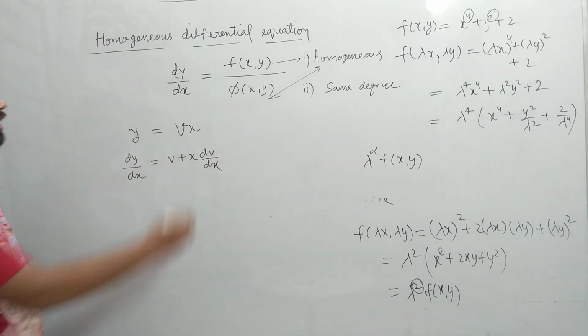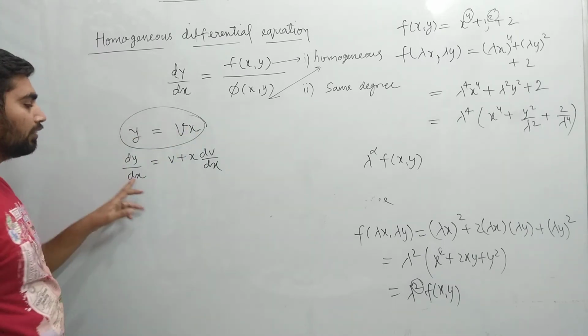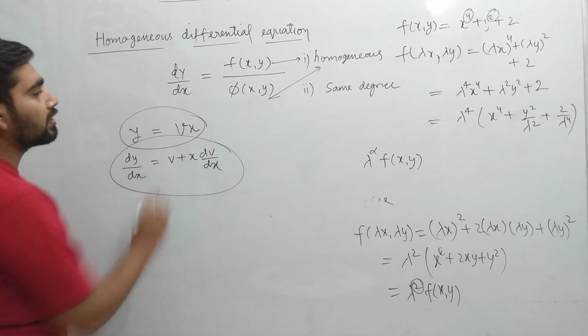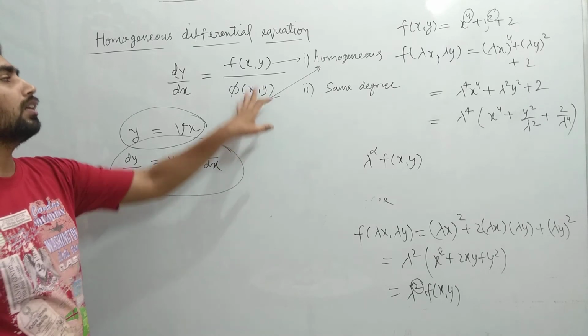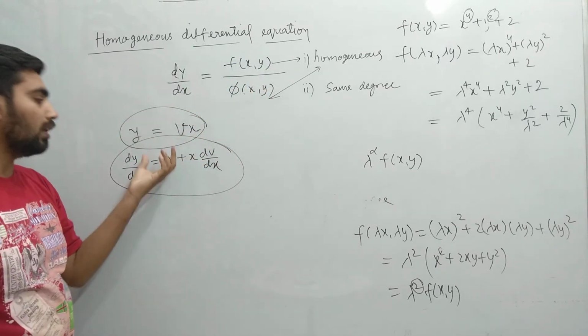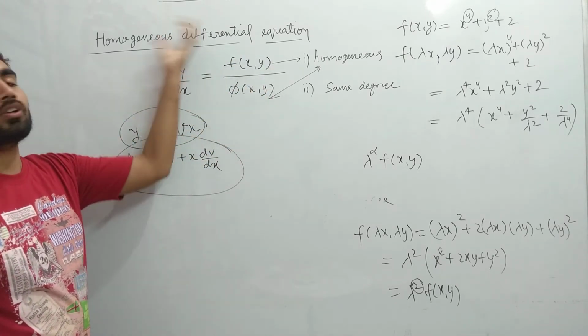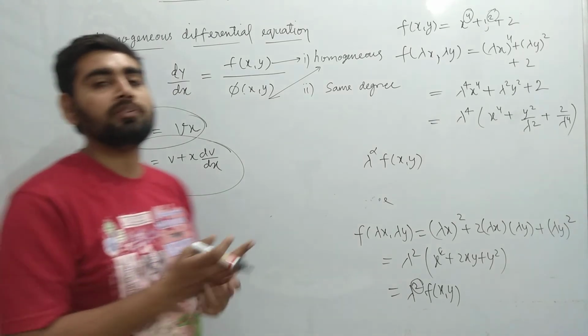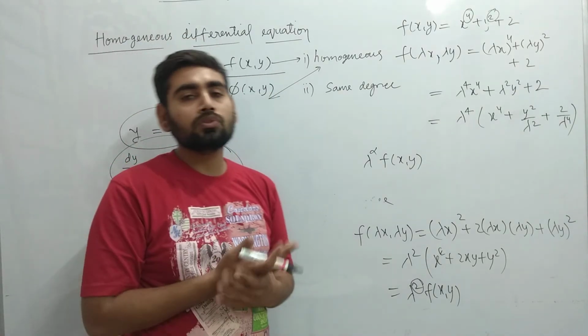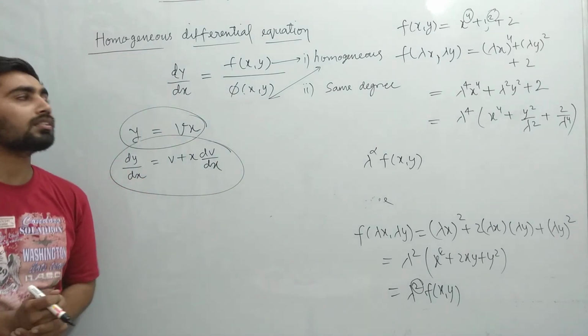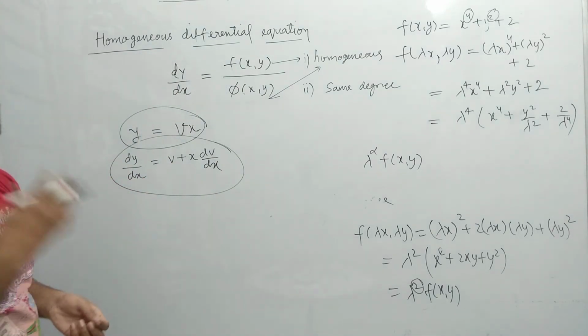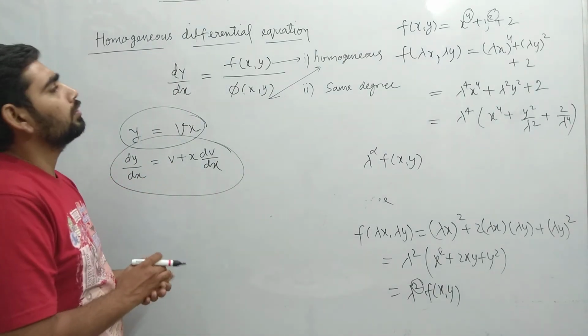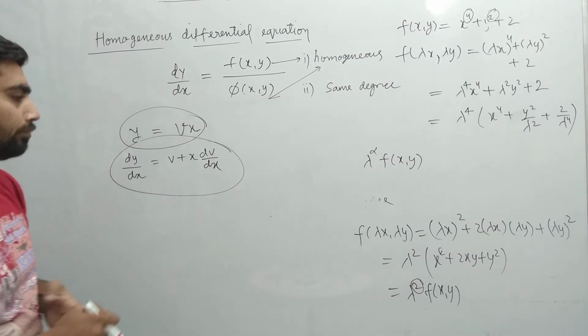Y will be replaced by vx, dy by dx will be replaced by v plus x dv by dx in this differential equation. On solving, by putting these values, we will get a differential equation which will be in the variable separable form. We will be able to separate the variables, and thus we will integrate the differential equation, and we will get the solution.